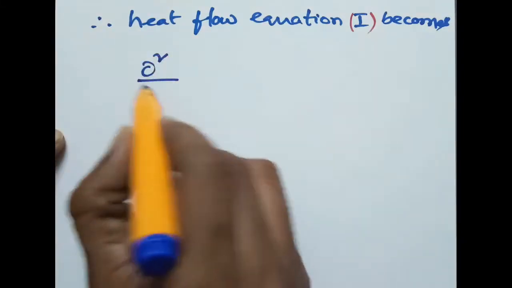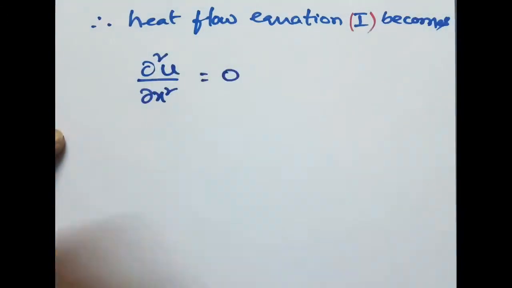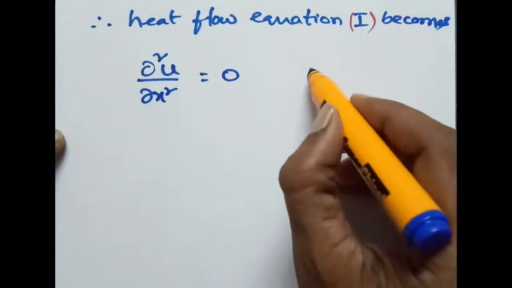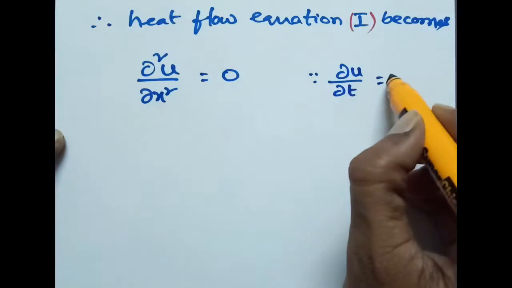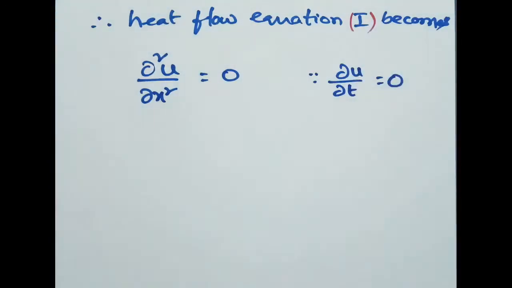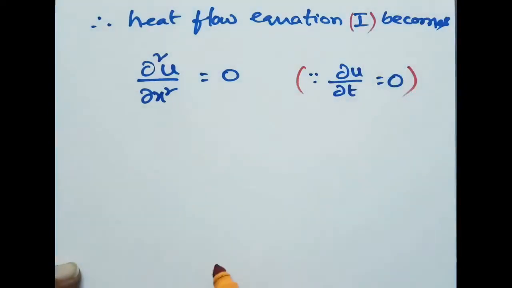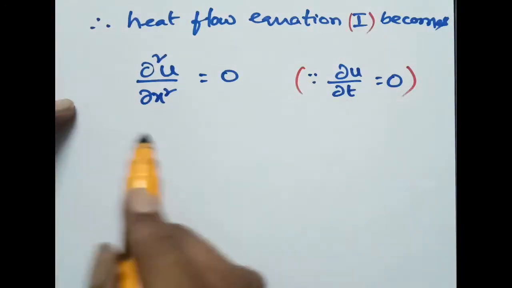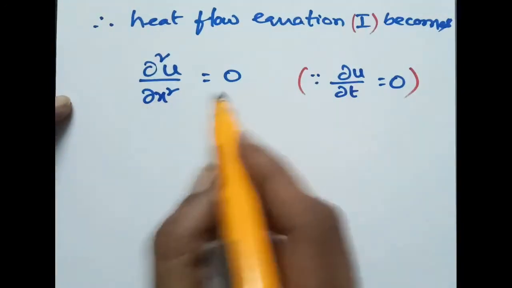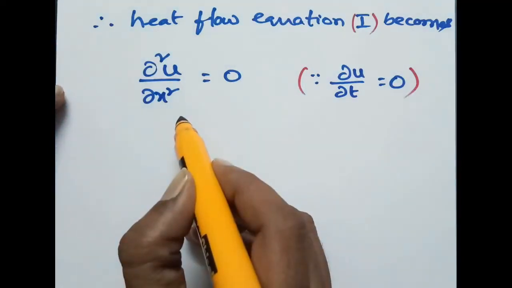Dou square by dou x square of u is equal to 0, since dou by dou t of u equals 0 in the steady state condition. Therefore, since u is a function of x alone, it becomes d square u by dx square is equal to 0.